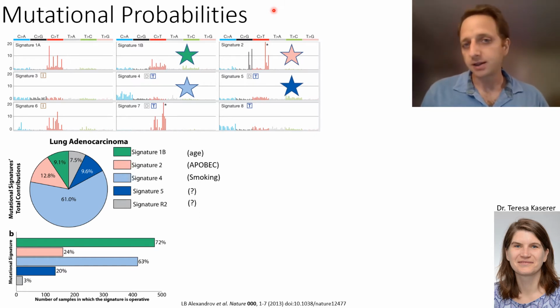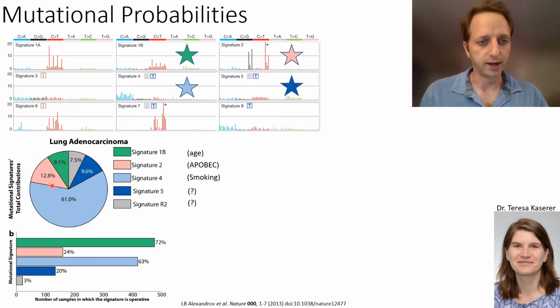And the hypothesis is that a particular mutational signature is indicative of an underlying mutational process. So for example, lung adenocarcinoma here has 5 different mutational signatures in it. The largest mutational signature is signature 4 here, which has been associated with smoking. And we can see that signature 4 has a lot of C to A mutations.